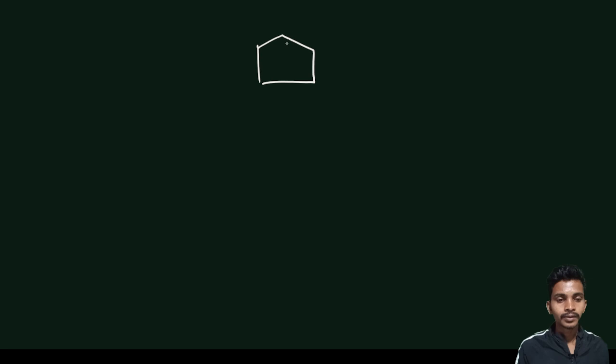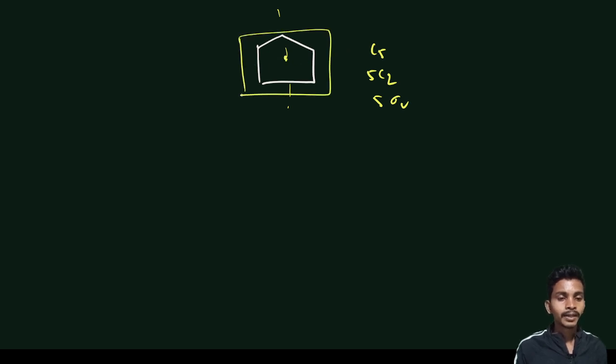this type of molecule, here also you will see that C5 is there. Okay, C5 is there, obviously C2 is there, then 5 C2 will be there, and obviously 5 sigma v is there, and sigma h will be there, the molecular plane here, and C5 is coming out from the board, so this and this are perpendicular.